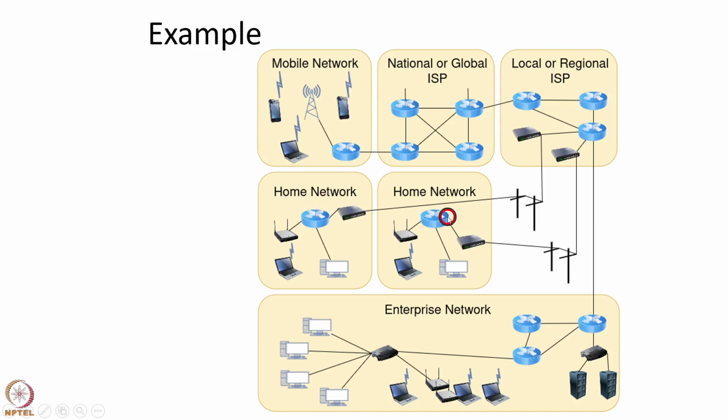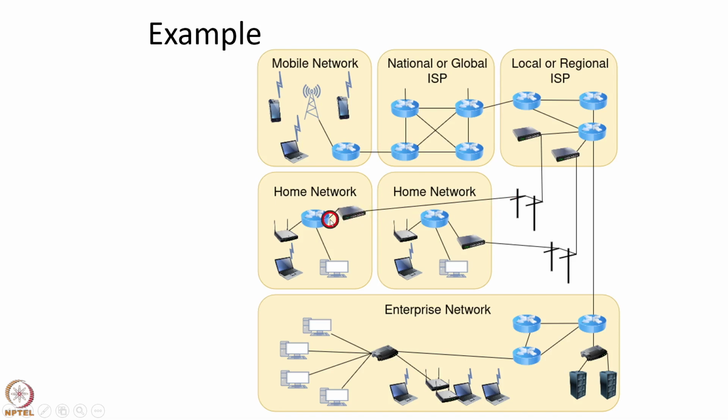This one and this one show typical home networks. In the case of a home network, there is internet connectivity to the rest of the internet via some technology such as digital subscriber line or DSL or cable internet or fiber to the home and so on.